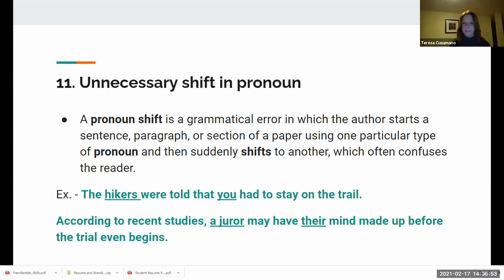So they had to stay on the trail. It gets very confusing if you are not coordinating your pronouns. According to recent studies, a juror may have their mind made up before the trial even begins. A juror is a singular juror, may have his or her mind made up before the trial even begins.